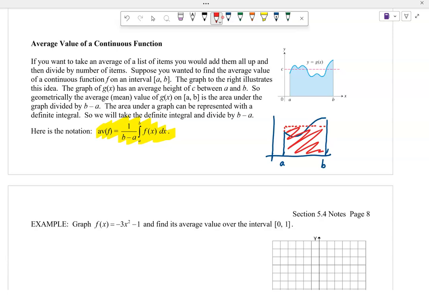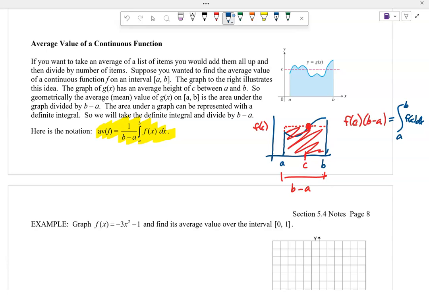And that's what that's saying, and that's at some c value. So f of c would be the height. In other words, the area of the rectangle would be f of c times the length, which is b minus a. So f of c times b minus a. That's the area of that rectangle, and we're saying that's equal to this integral from a to b of f of x dx.